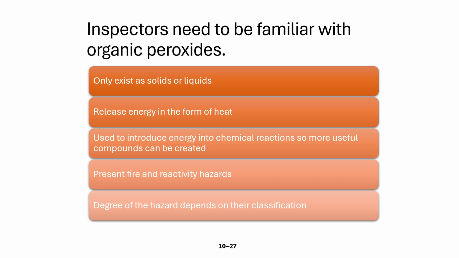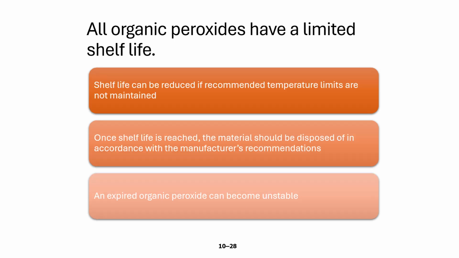And the introduction of a contaminant can initiate an uncontrollable reaction, and decomposition products can be flammable or toxic. So when they start reacting, depending on the material, the volatility can be pretty dramatic and varies.